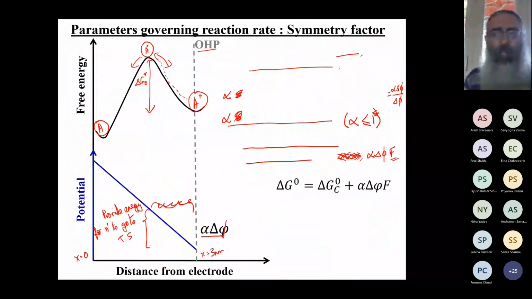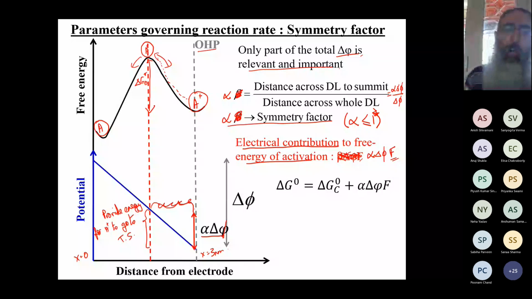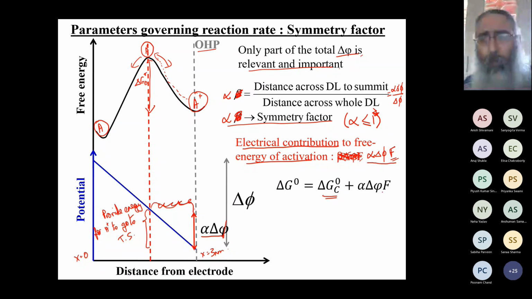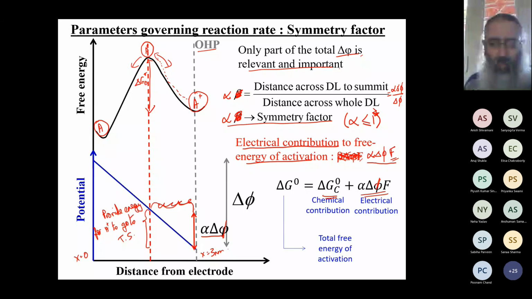So we are trying to get towards that by saying that the electrical contribution to the free energy of activation is given by alpha into delta phi into F. Then we can write the total delta G naught as a chemical contribution, delta G naught C, plus an electrical contribution, which is given by alpha delta phi F. So here this delta G naught represents the total free energy of activation, which is in turn split into two terms, one containing a chemical contribution, another containing an electrical contribution. That is what we have through this argument.